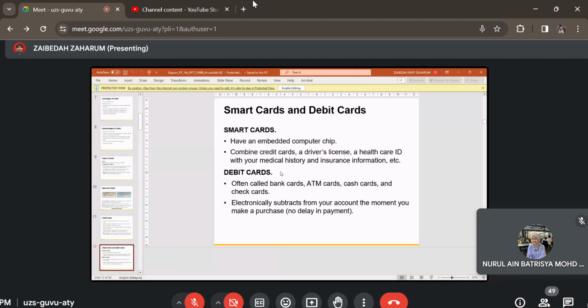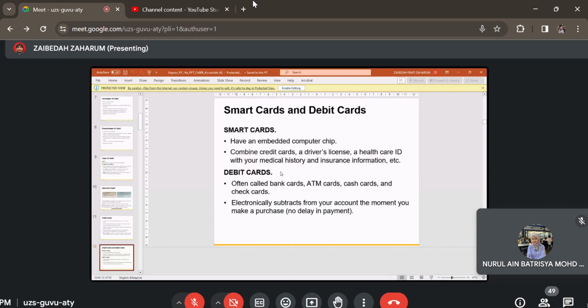Okay, tapi so you boleh gunakan you punya credit card tadi mengikut you punya line of credit lah. Kalau RM5,000, RM5,000 lah. Okay, tapi debit card tadi, okay, dia secara elektronik dia akan tolak daripada you punya account lah, especially daripada you punya current, you punya saving account.